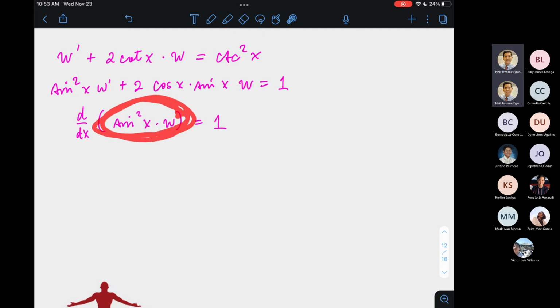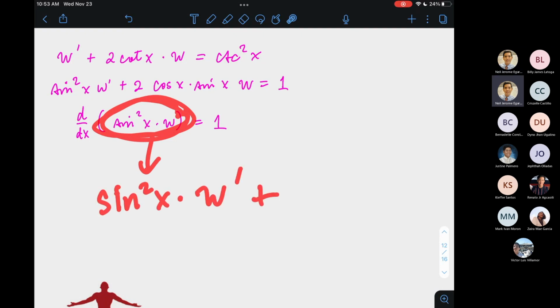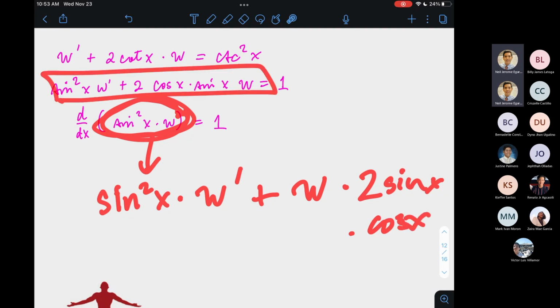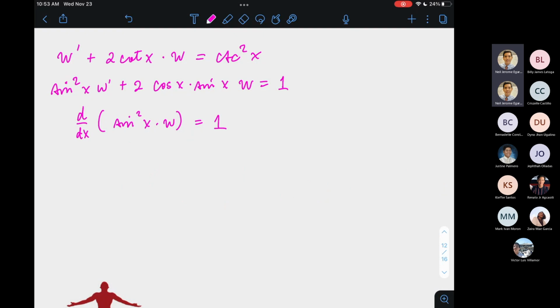Pag differentiate nyo to using product rule, you have sine squared x times w prime plus w times derivative ng sine squared x, 2 sine x cosine x, which is essentially this guy. So we're good. And then we multiply both sides by the differential of x para magkahiwalay na yung dalawang differential.